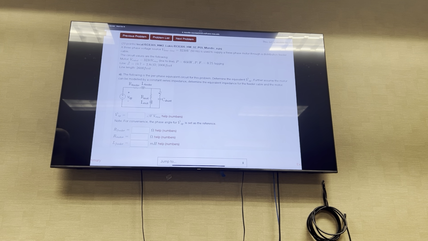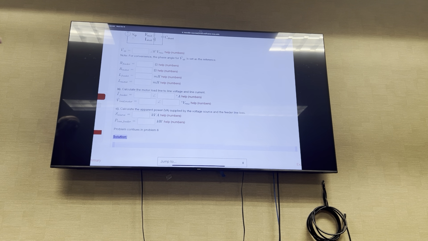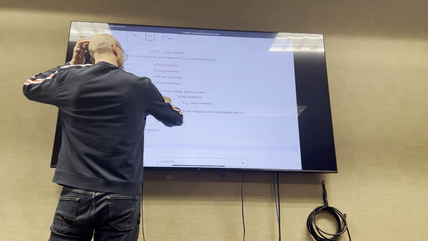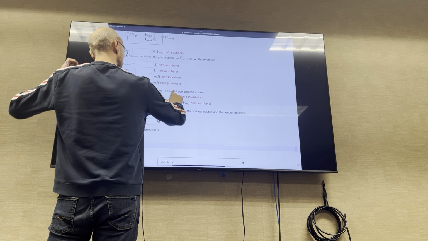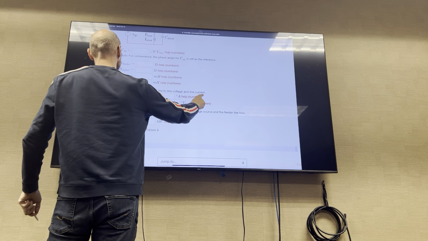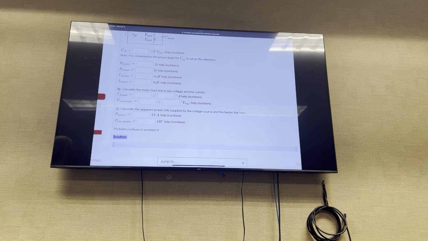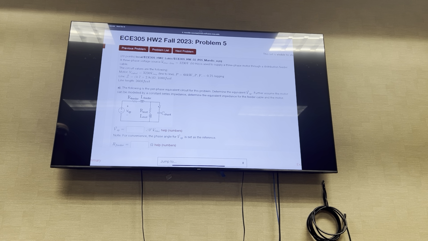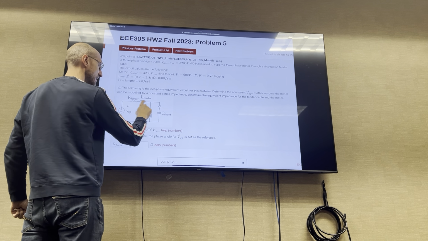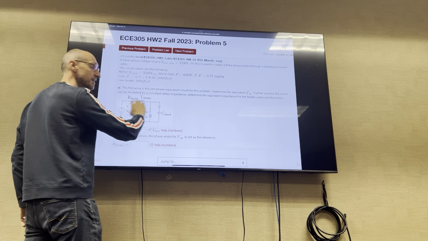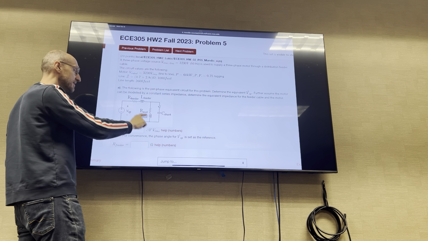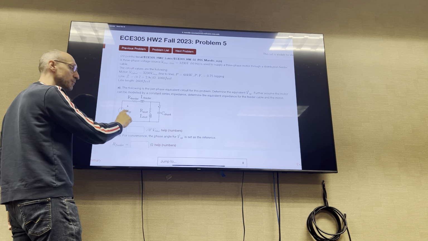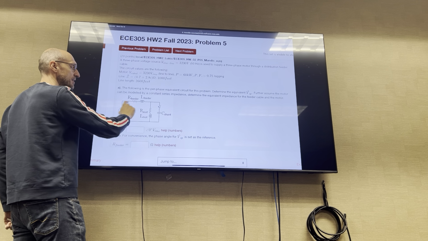So part A is pretty straightforward. Then part B, calculate the motor load line to line voltage and line current. So for part B, we would find this current, fairly simple circuit analysis. First thing I would do is find the current, which is V divided by this total impedance.